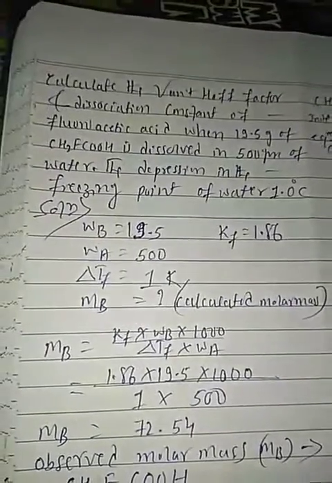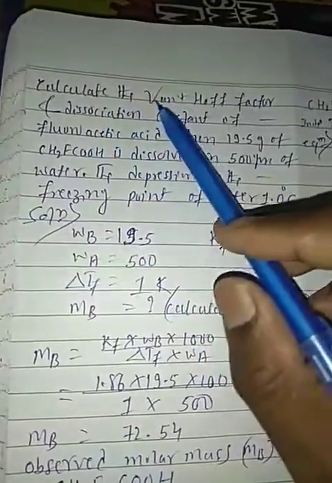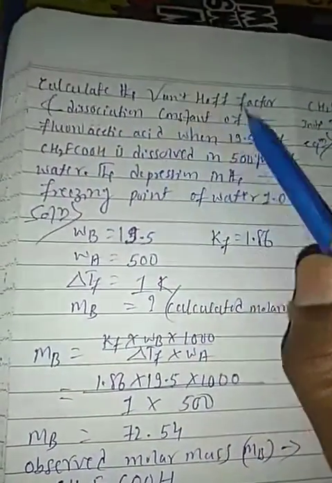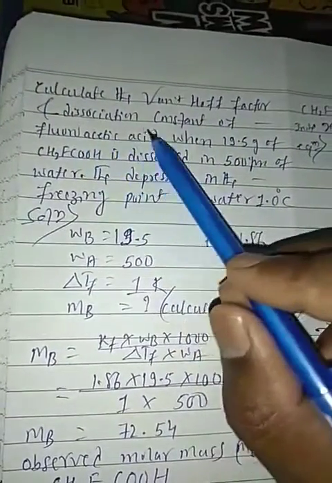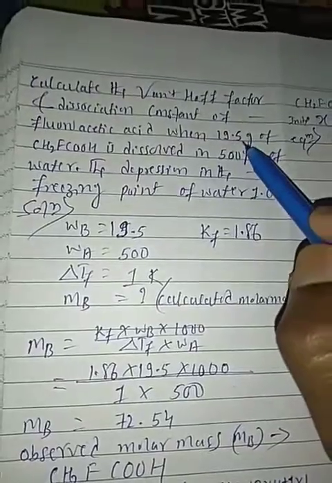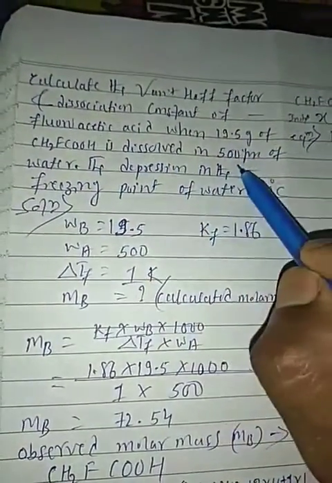Okay, friends, the next example is: calculate the Van't Hoff factor and dissociation constant of fluoroacetic acid when 19.5 gram of fluoroacetic acid is dissolved in 500 gram of water.